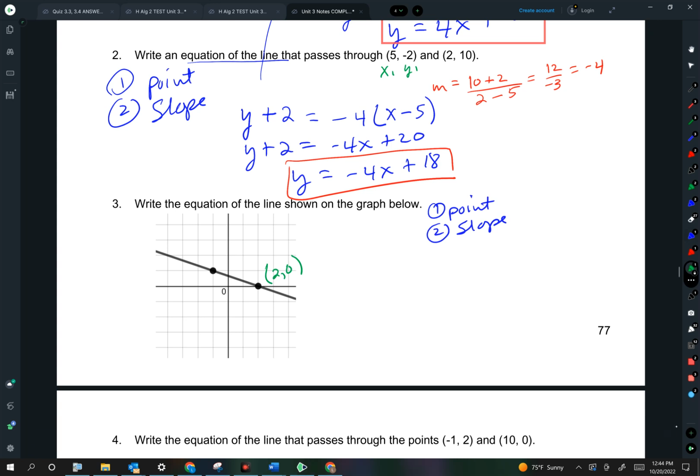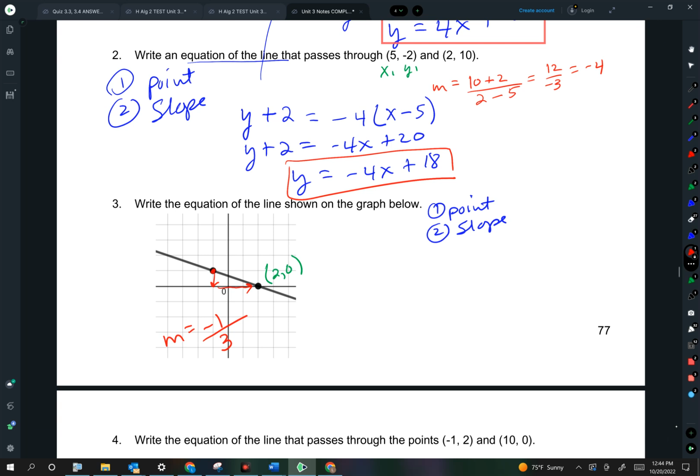And do I have a slope? Well, remember we said you can look at the slope of a line. You start at the left side, and what's it going to take to move over to the right point? Well, I'm going to go down 1, and then over 1, 2, 3. So the slope of this line is negative 1/3 because I went down 1 and over 3.